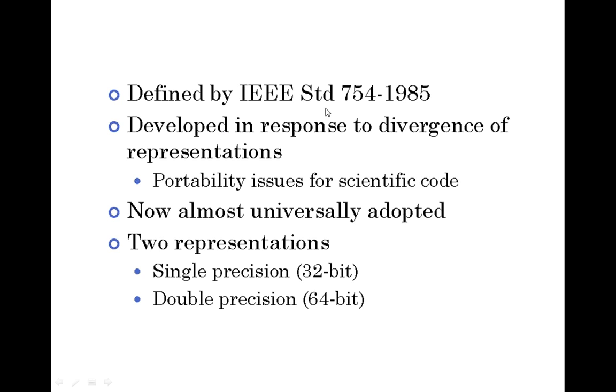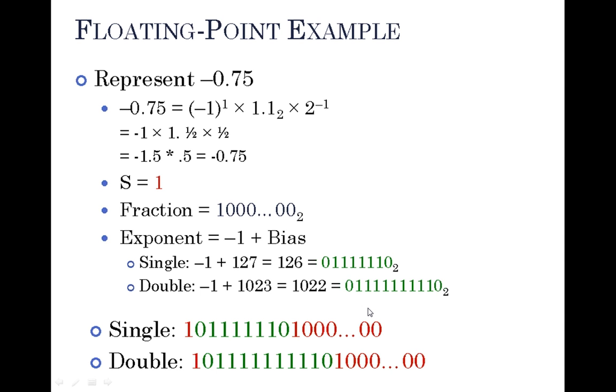Then it is portable for scientific code, meaning scientists can use it on different platforms like C, C++, Java. It can be represented in two forms, either single precision or double precision.